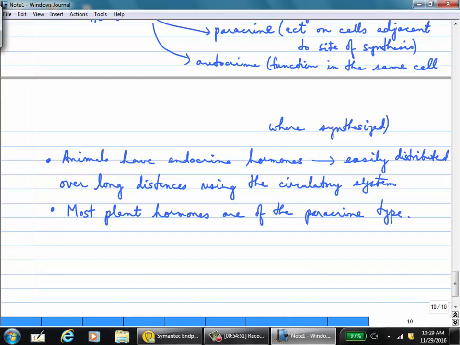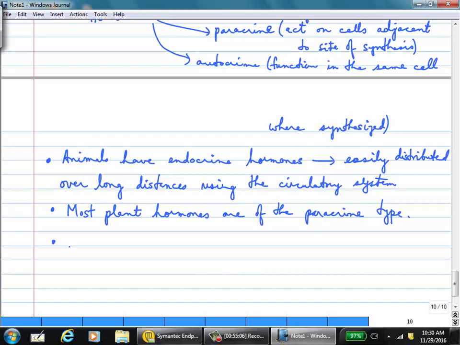Another thing to note is that in the case of animal hormones, many of them are of the activating type, right? So the hormone will go and activate the pathway. In the case of plant hormones, it is mostly removing the repressor for a pathway, right?